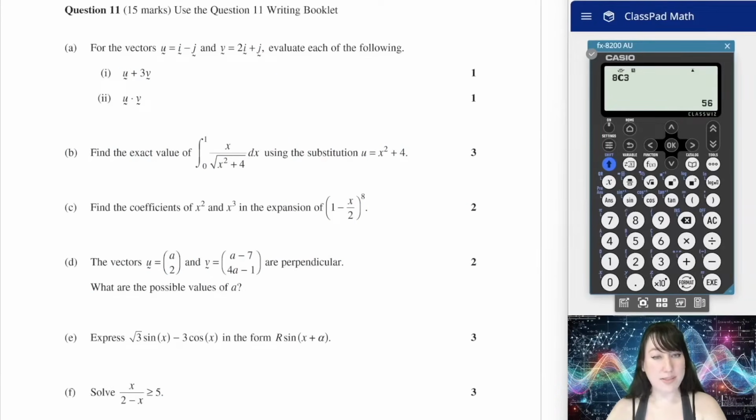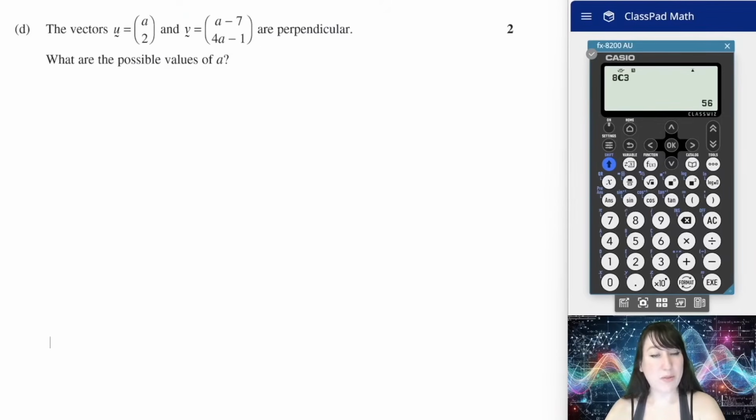Question 11D. The vectors u equals (a, 2) and v equals (a minus 7, 4a minus 1) are perpendicular. What are the possible values of a? Okay, remember that when two vectors are perpendicular, their dot product has to equal 0.